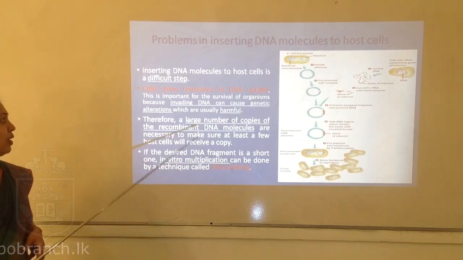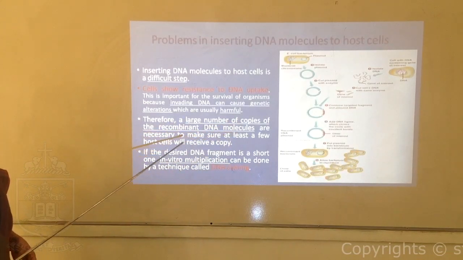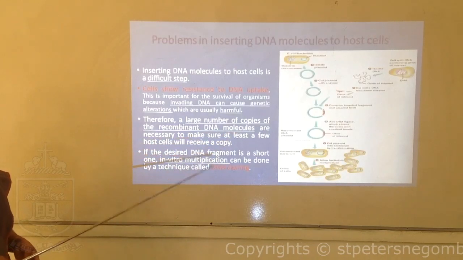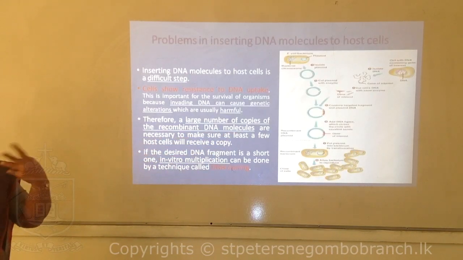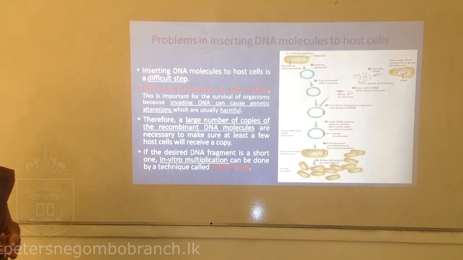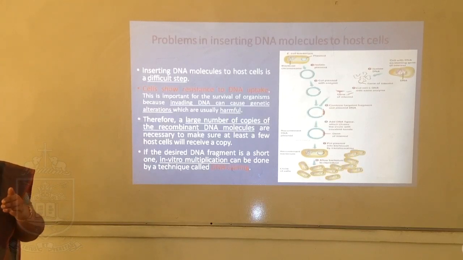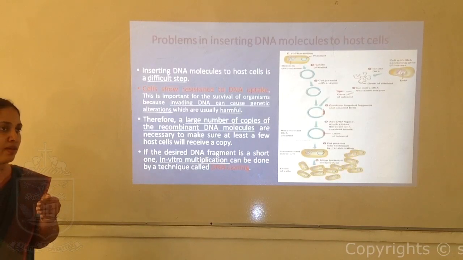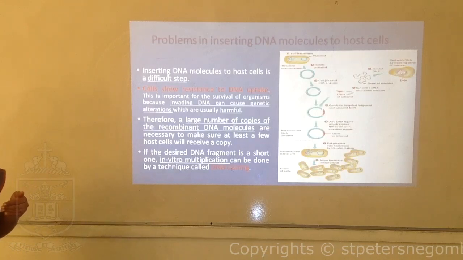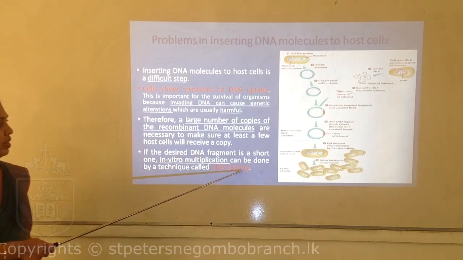So therefore, a large number of copies of the recombinant DNA molecules are necessary to make sure at least a few copies are integrated to the host. So we have to produce a large number of copies to confirm at least a few molecules are getting the recombinant molecule. In that case, we are using an in vitro multiplication method known as DNA cloning.